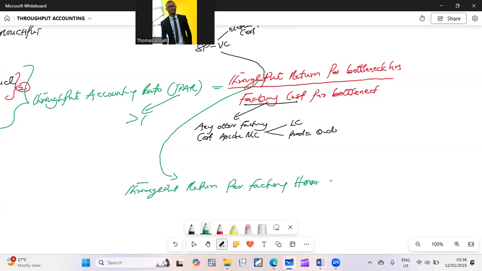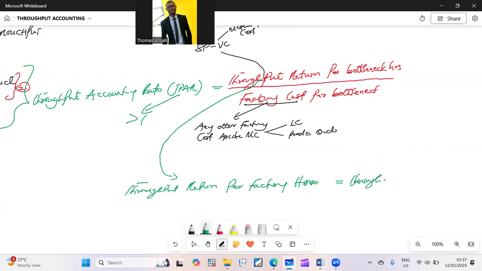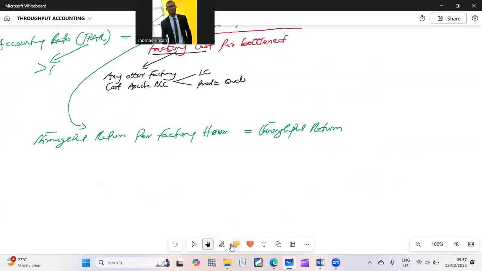Throughput return per factory hour will be given by my throughput return per unit, over the number of hours per unit in the bottleneck.